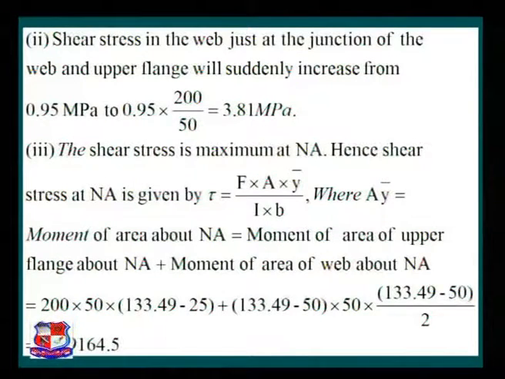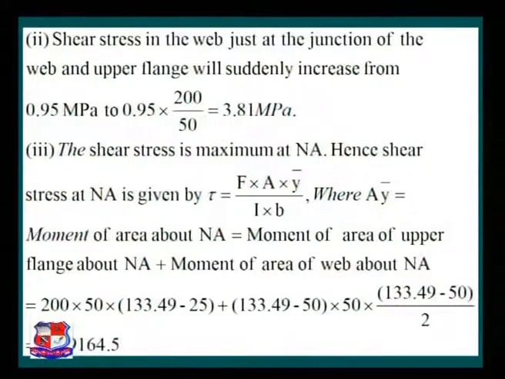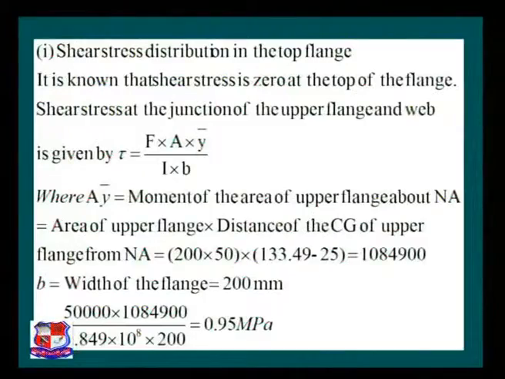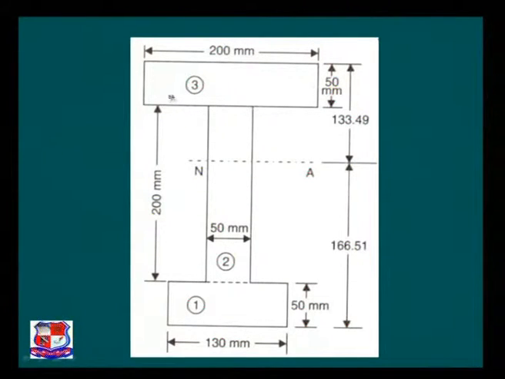Come to this PPT. Shear stress in the web just at the junction of the web and the upper flange suddenly changes. If you refer to your I section, it is a characteristic of an I section that the width changes suddenly from 200 to 50 mm, and because of that the shear stress taken care of by the web at the junction is suddenly high compared to the junction between flange and web.